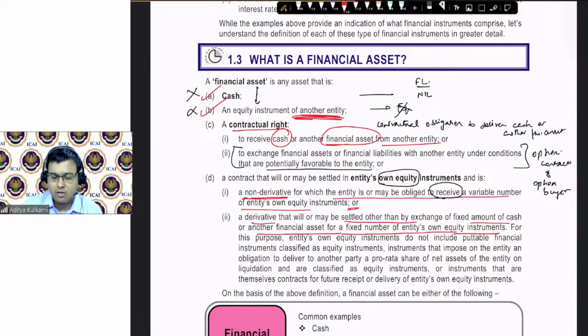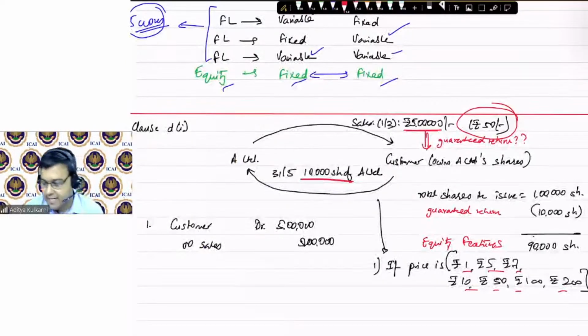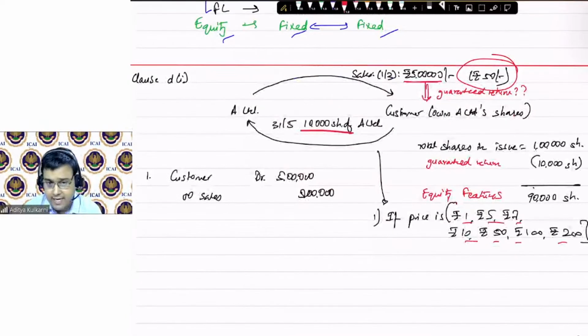It's happening based on the credit terms, and there is no agreed price, for which the entity is or may be obliged to receive a variable number of its own equity instruments. How will the entity record it is another question. Right now, I'm not coming to that. I'll come to that shortly.